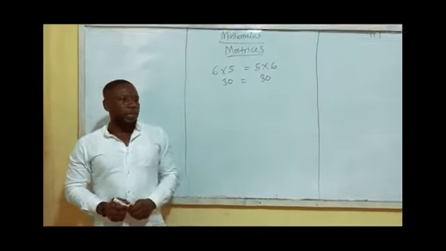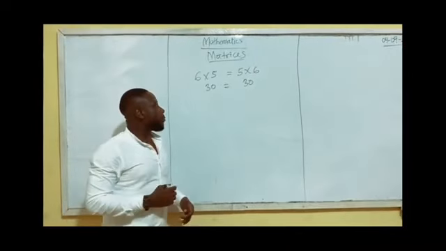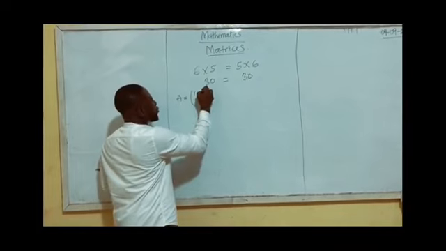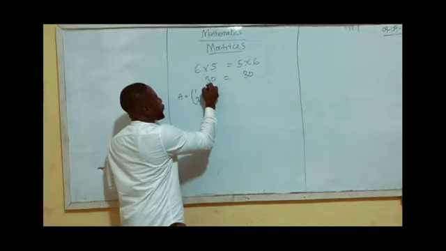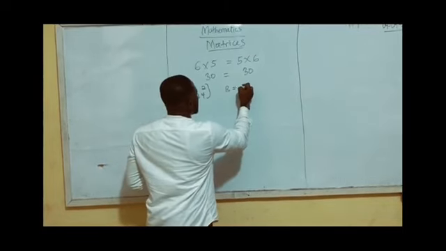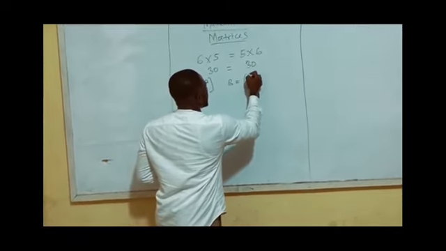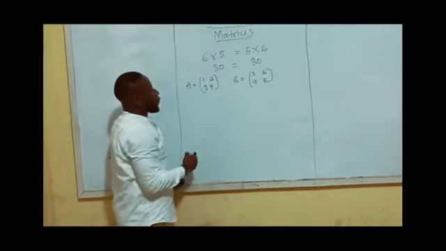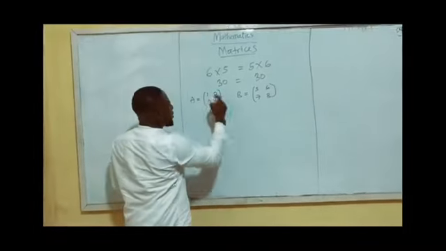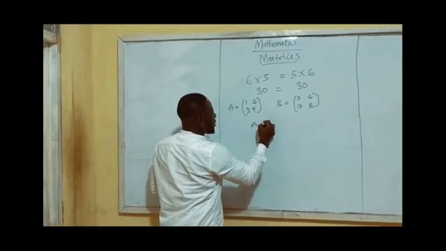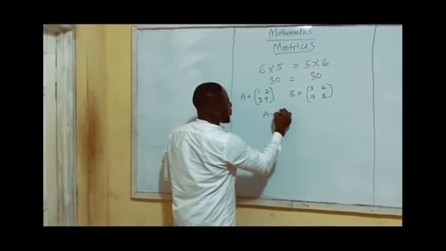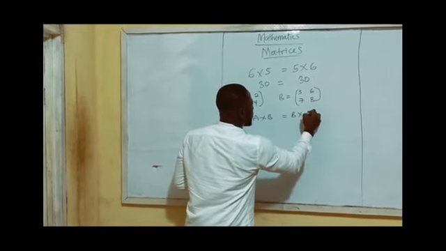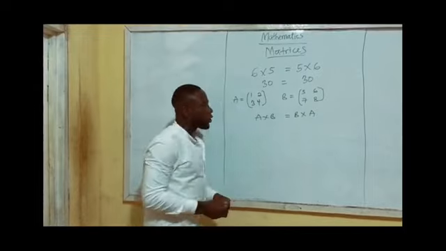Assuming we have two matrices, matrix A with values 1, 2, 3, and 4, and matrix B with values 5, 6, 7, and 8. With numbers, A multiplied by B gives the same result as B multiplied by A when you interchange the positions.